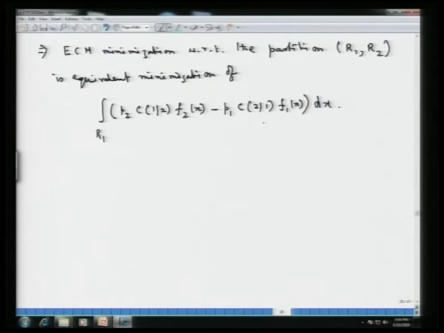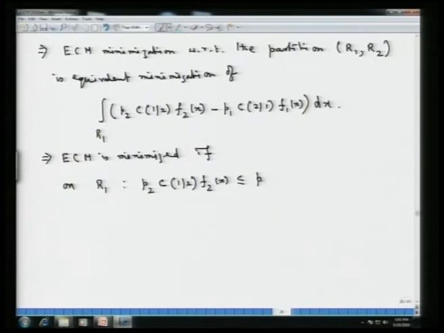We are finding the R1 such that this is minimized, and thus the ECM minimizing rule implies that ECM is minimized if on R1 we have this quantity less than or equal to this particular quantity, that is, P2 times C(1|2) times f2(x) is less than or equal to P1 times C(2|1) f1(x).